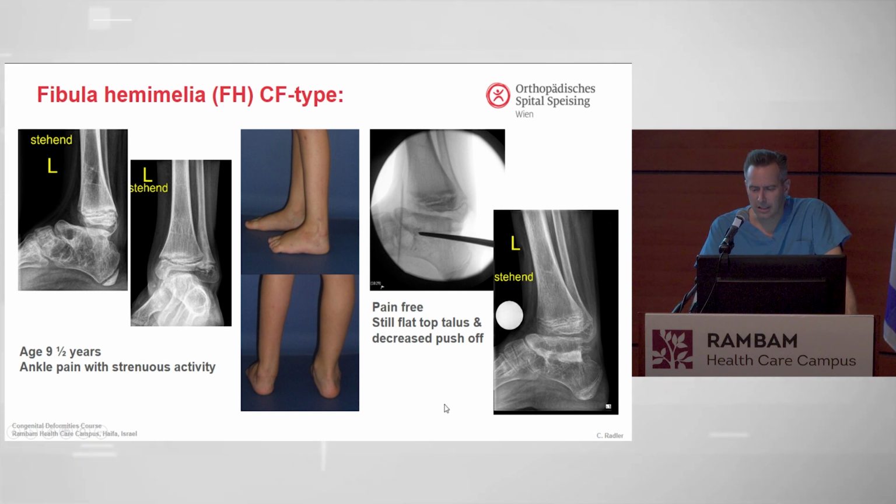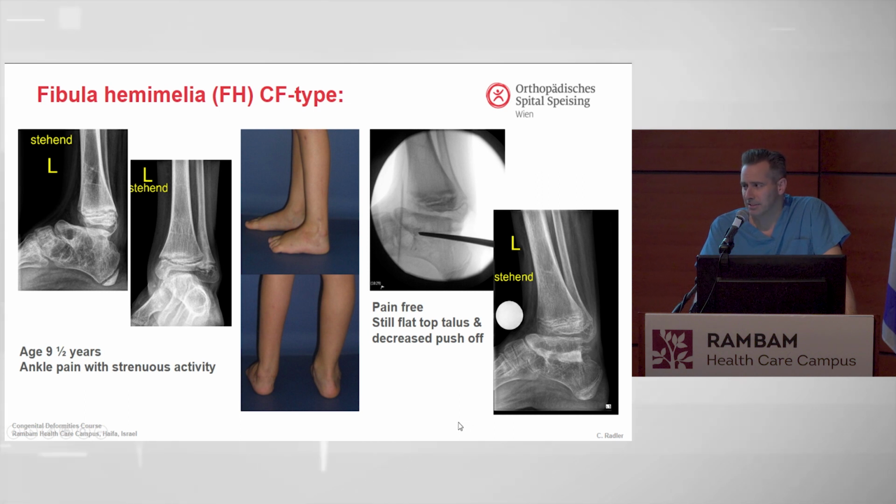congruency in this joint. So at that time I thought maybe doing an opening wedge osteotomy from posterior might reduce the slope and might make the joint a little bit more stable. And actually this did work. He was mostly pain-free in the years to follow. He's now 16 years, so about 7 years later.